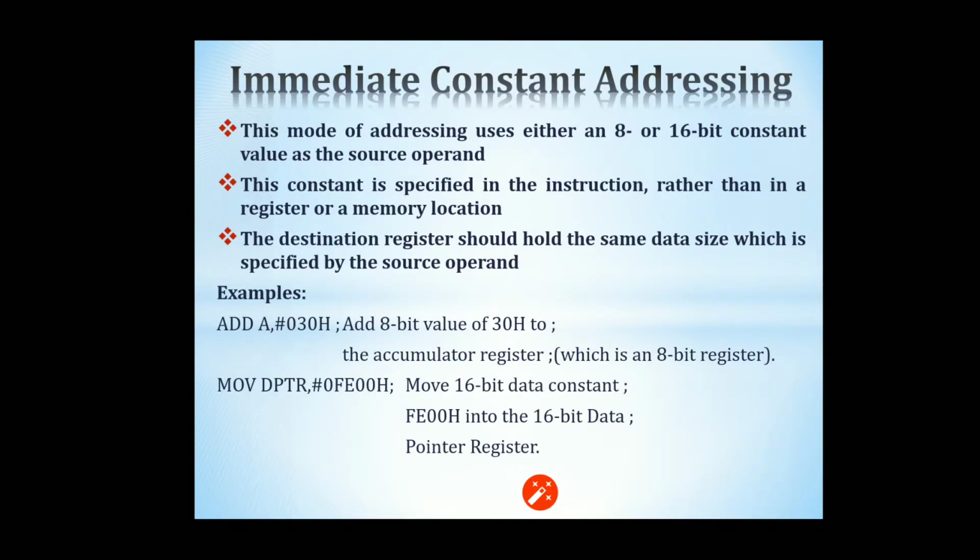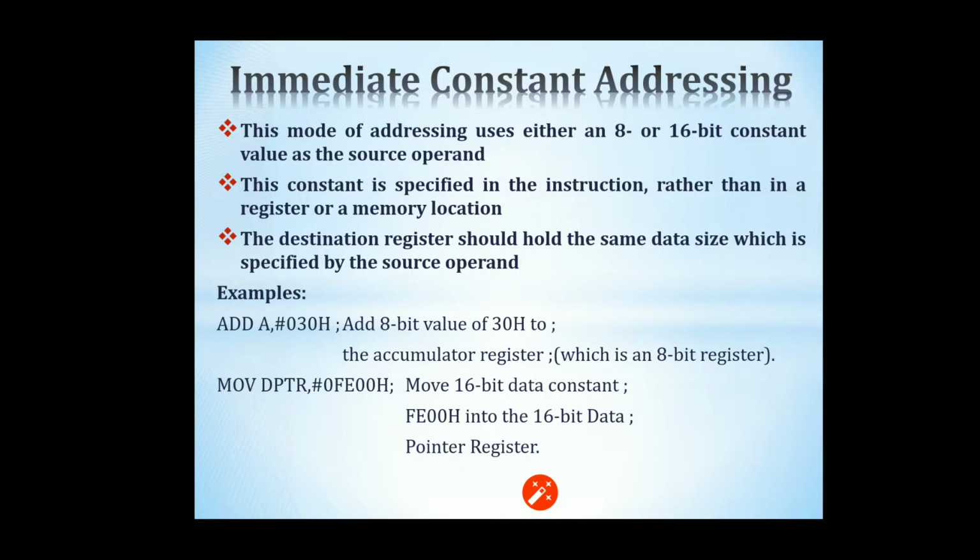Next is immediate constant addressing mode. This mode of addressing uses either an 8 or 16-bit constant value as the source operand. This constant is specified in the instruction rather than in a register or a memory location. The destination register should hold the same data size as specified by the source operand. For example, ADD A, #30H.